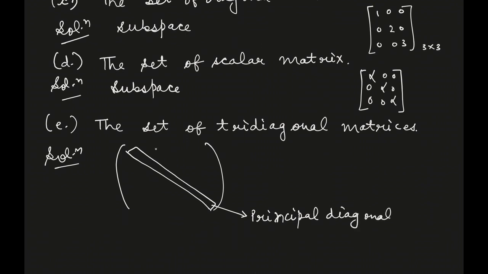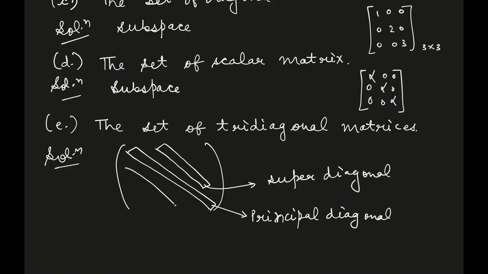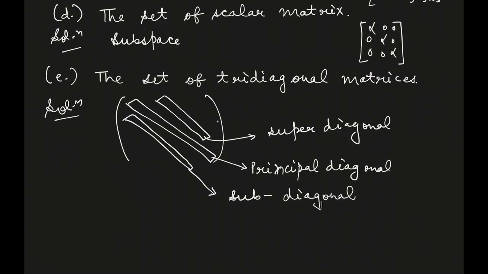The diagonal above the principal diagonal is the super diagonal, and the diagonal below this principal diagonal is the sub diagonal. So it is also a subspace because it will be closed under addition and scalar multiplication.